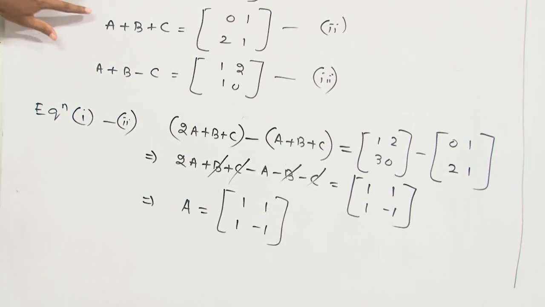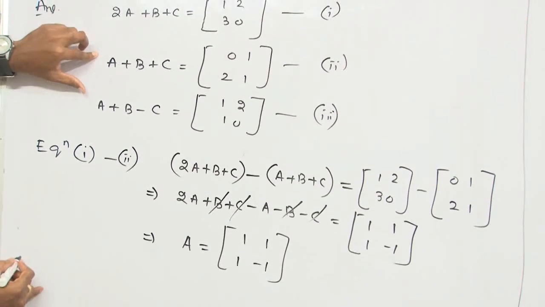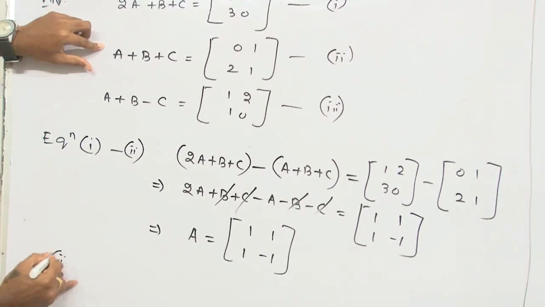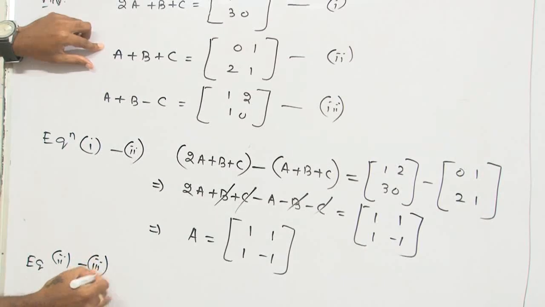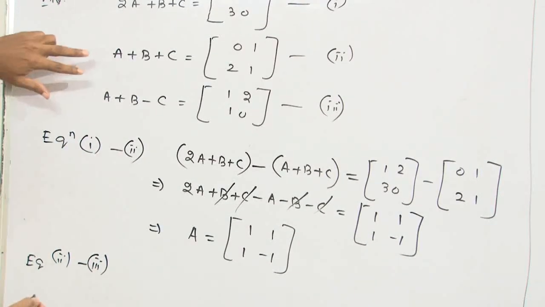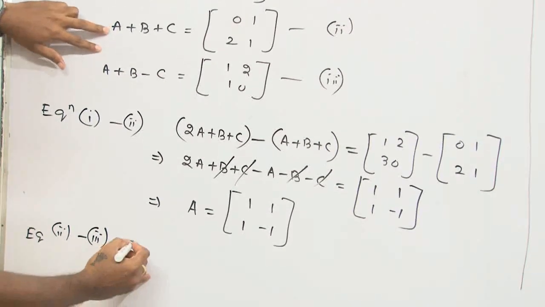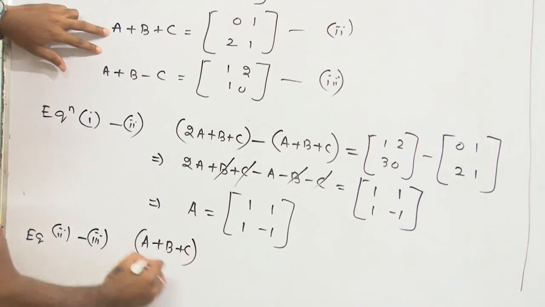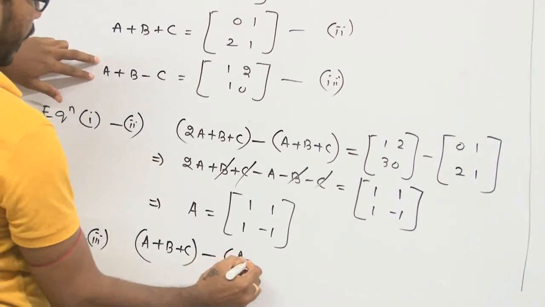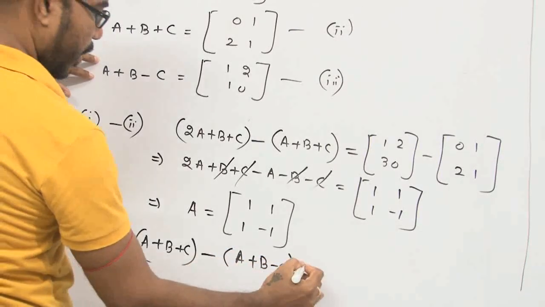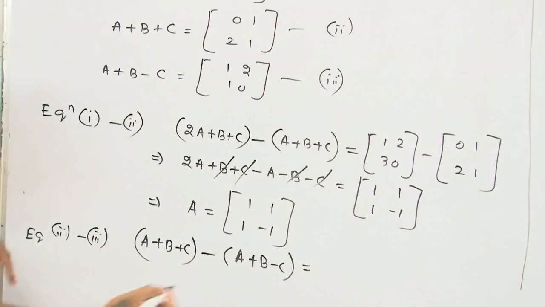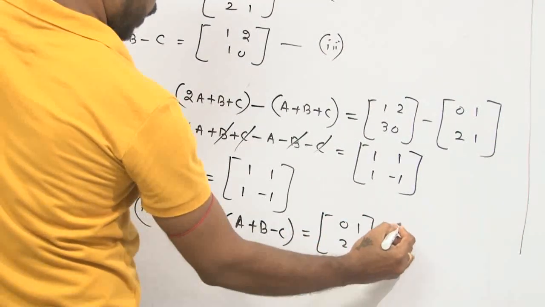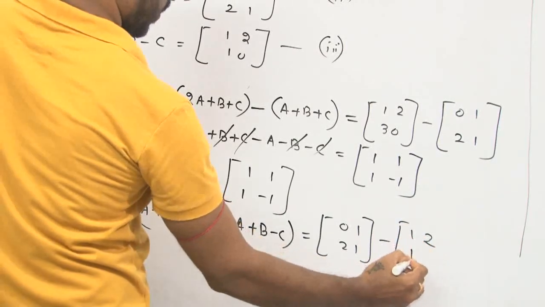Similarly, if we subtract equation 3 from equation 2, then we get another matrix: A plus B plus C minus A plus B minus C on the left hand side, and on the right hand side, [[0, 1], [2, 1]] minus [[1, 2], [1, 0]].